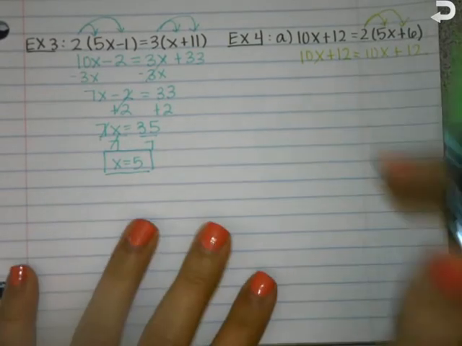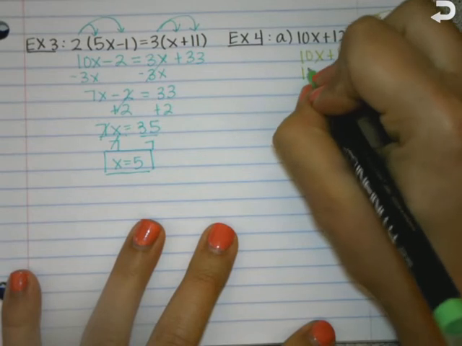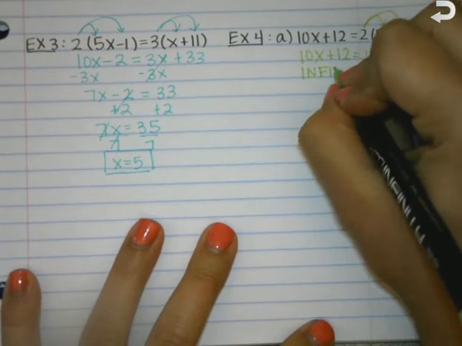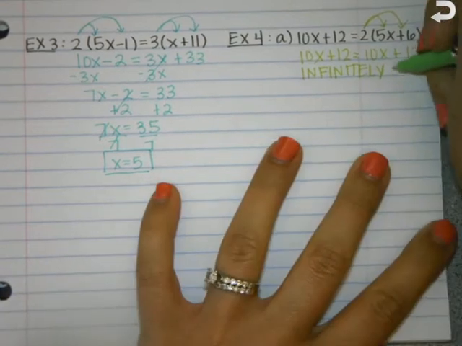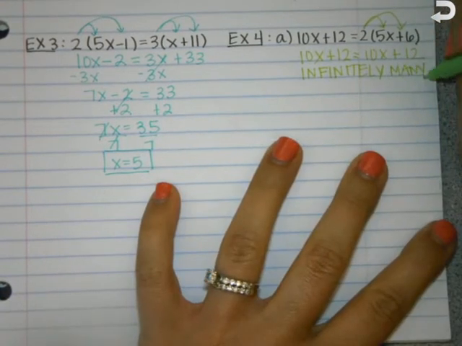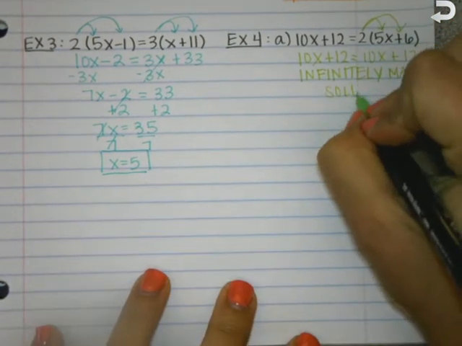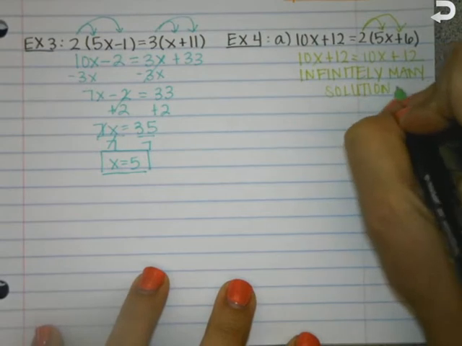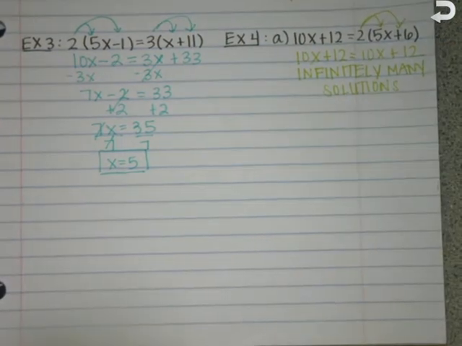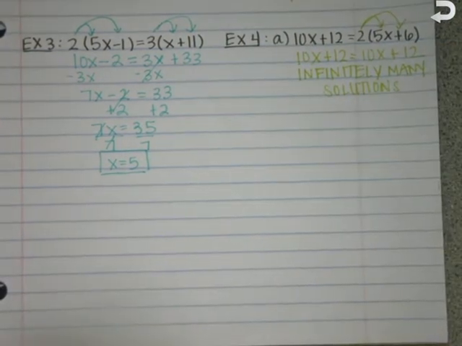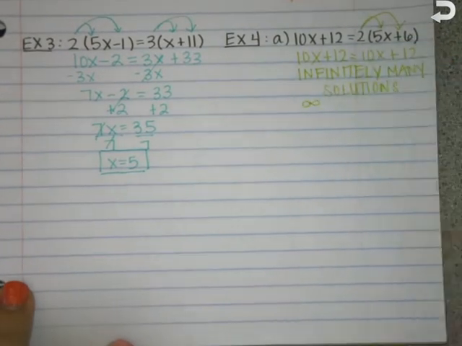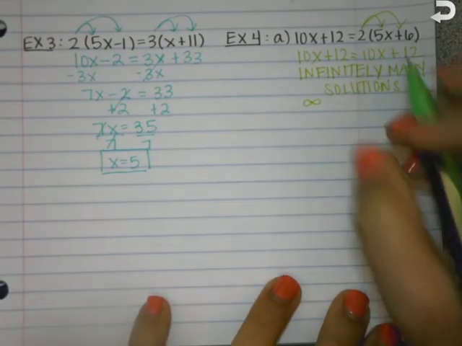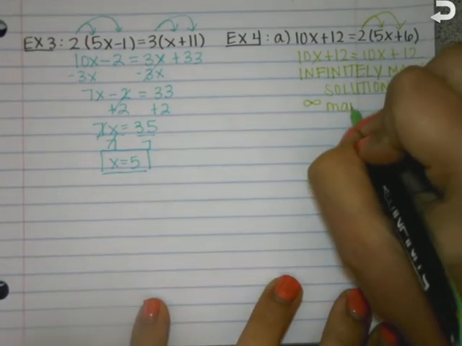So we say that we have infinitely many solutions, because we're saying that anything can be a solution. So there is an abbreviation for this. You can use the infinity sign, which is a sideways 8, and then I usually put many solutions.